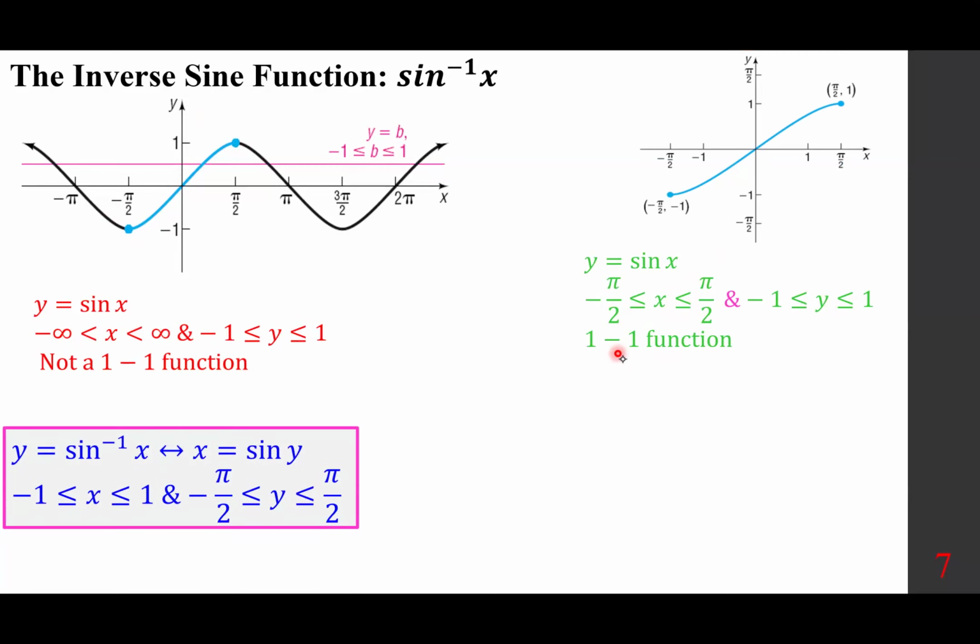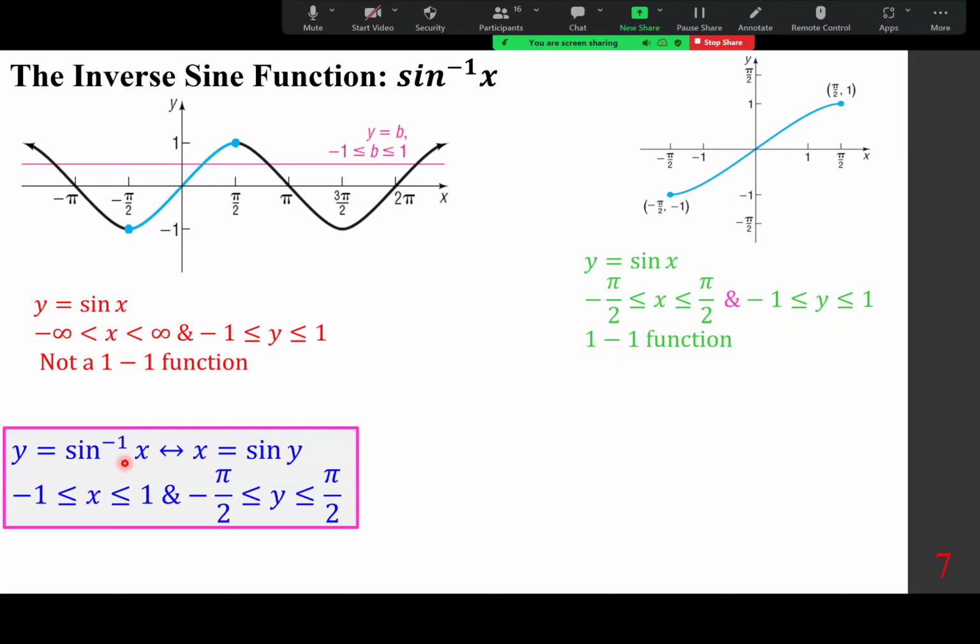Therefore, when we say y equals sine inverse of x, by definition of an inverse function, x becomes sine of y. X is between -1 and 1, and y is between negative pi over 2 and pi over 2. In other words, the domain of sine becomes the range of sine inverse.